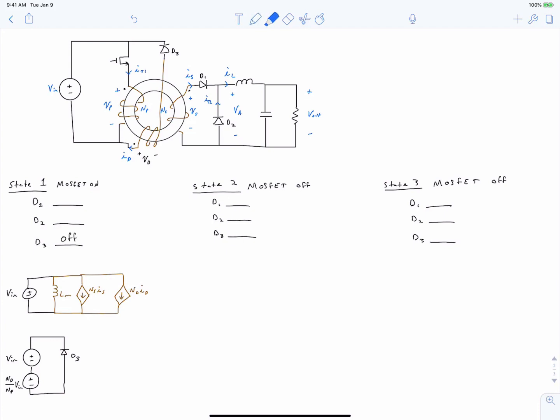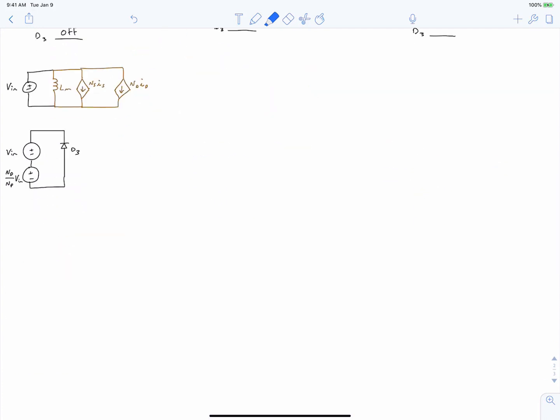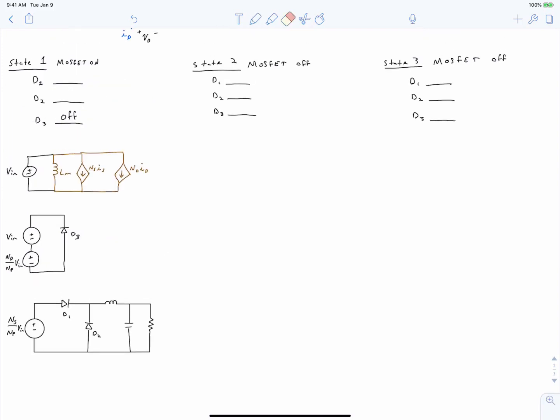Finally, we're going to draw the equivalent circuit as seen from the output stage's perspective, so as seen at the terminals of Vs. In this conduction state, we have Ns over Np times our input voltage.